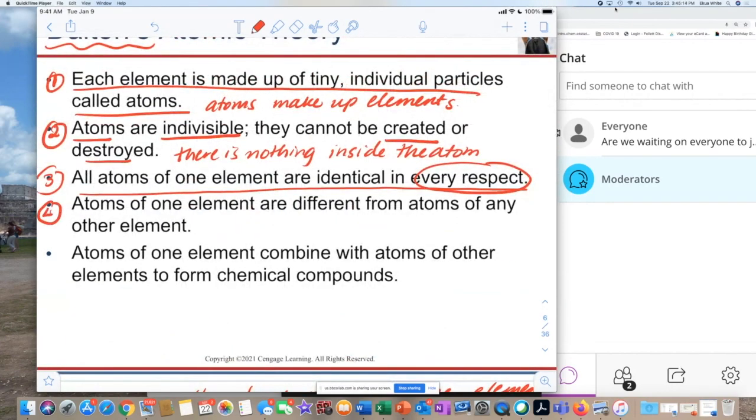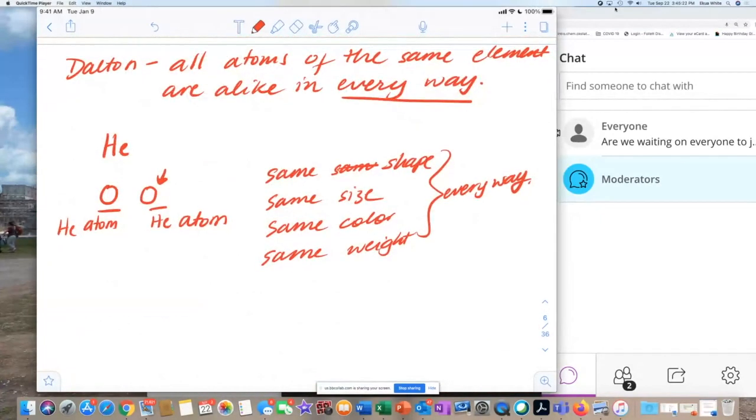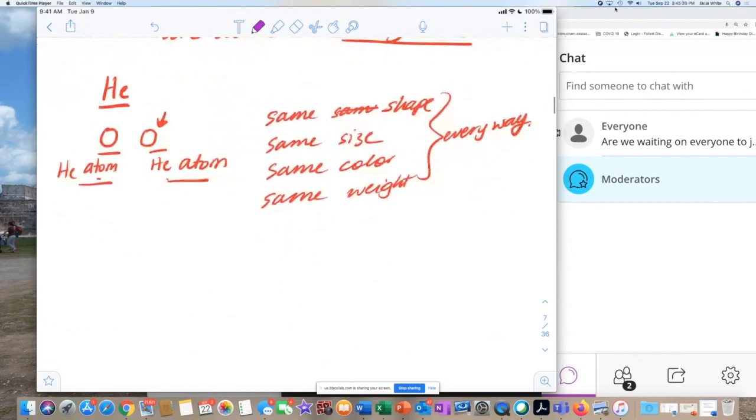Number four, he said, atoms of one element are different from atoms of any other element. Going back to our analogy, if these are our helium atoms and they're all like each other, then let's look at different atoms. Let's say we have neon, from group 8. We have neon atoms, and to show the difference, I've selected a different color.